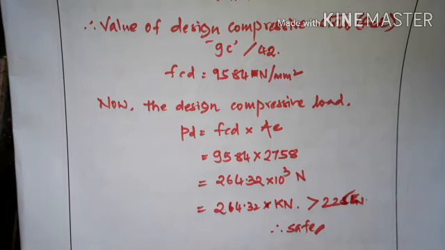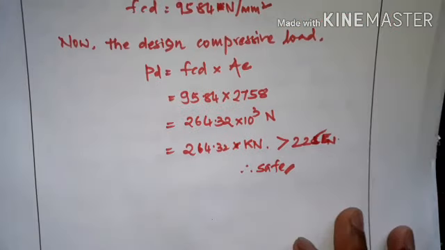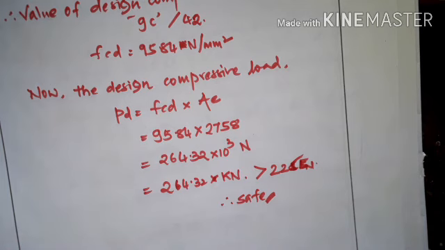Even if you did not get the section safe, and if you don't have time in the examination, what you have to do is write a note like: the section is unsafe or inadequate, revise the section by selecting a higher area. Revise the section by selecting a higher area if you could not get the provided section safe.